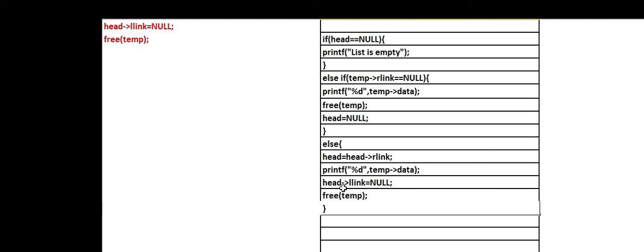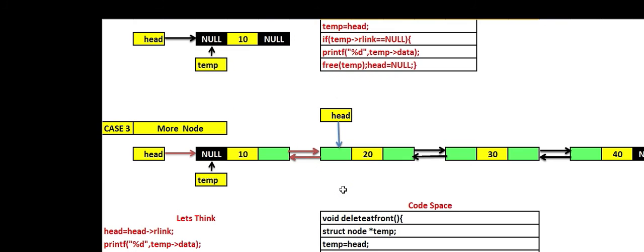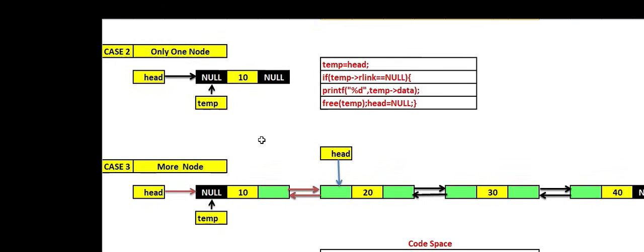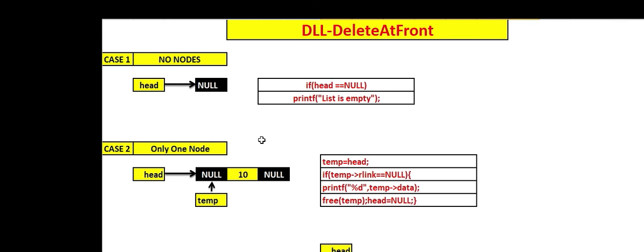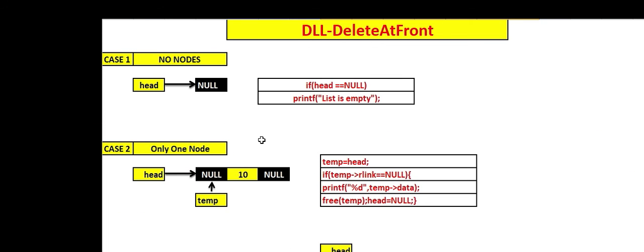So once it's done, we have deleted the first node from the second and the third case, and in the first case we don't have the node, right? So this is how you can delete the node from the front of a DLL.